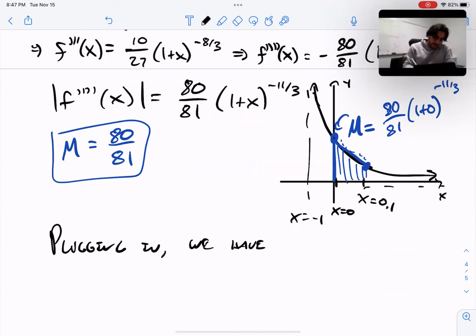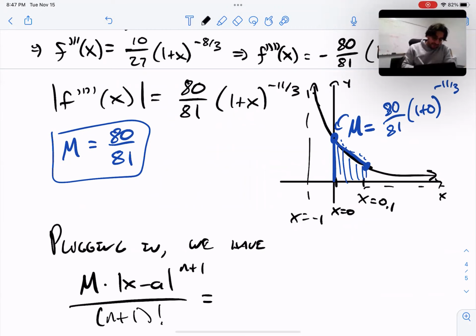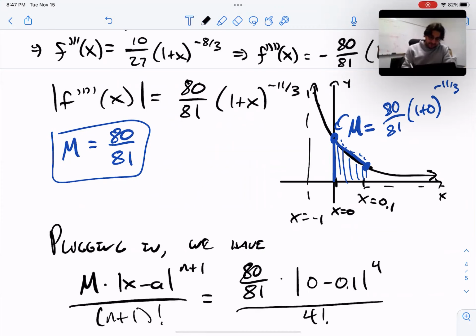We have m times x minus a to the n plus 1 over n plus 1 factorial, right? So I get 80 over 81 times x minus a, 0.1 minus, or sorry, 0 minus 0.1 to the 4 over 4 factorial.